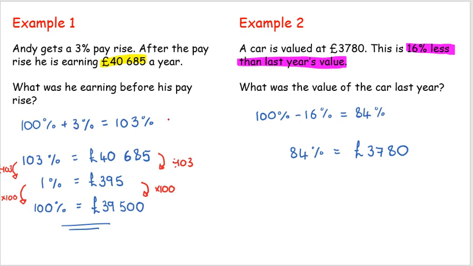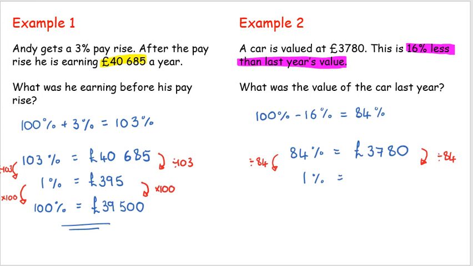So the way we do that is we take our percentage amount and we change it into 1%. To get 84 down to 1%, we divide by 84. But if I do that to one side, I need to do the same to the other side, so divide that by 84. So I'm left with 1%.